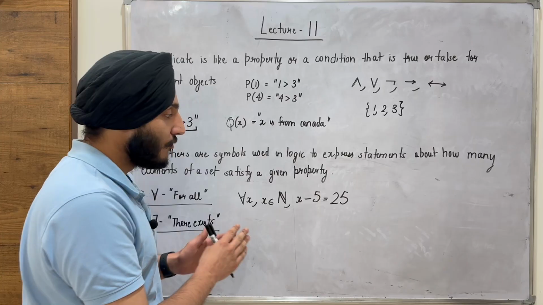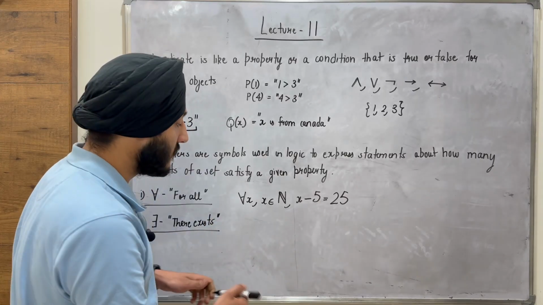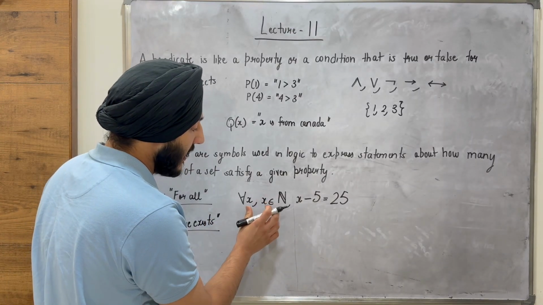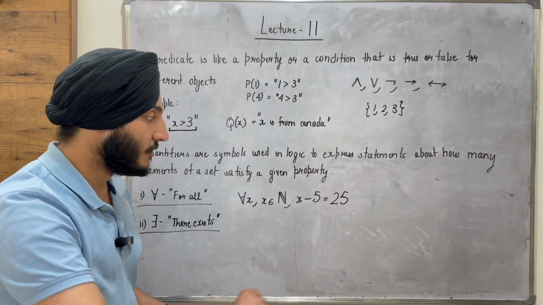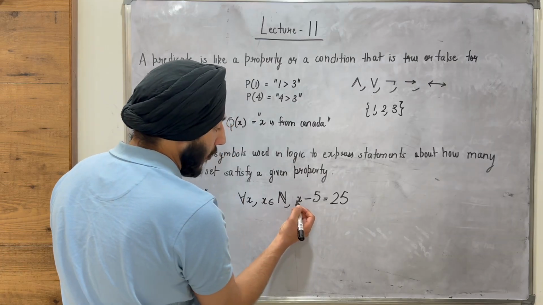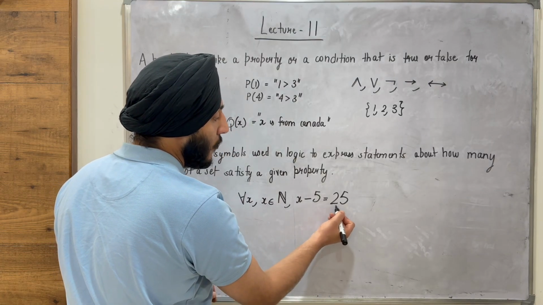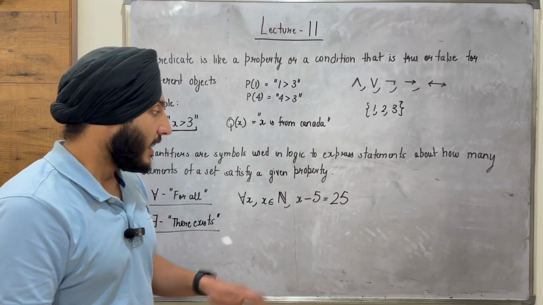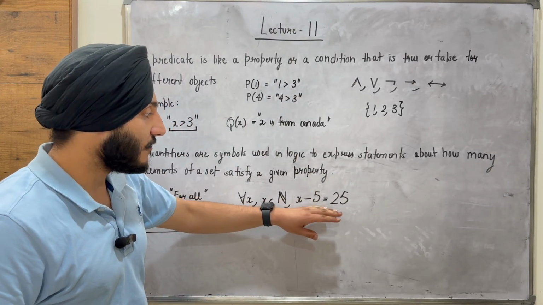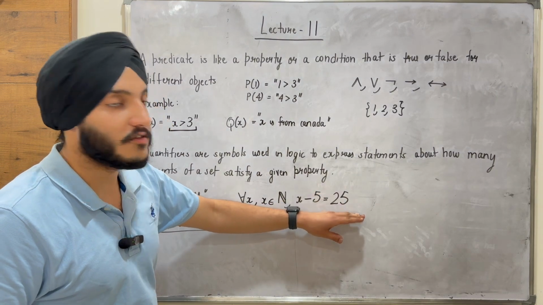For all of x, if you try to translate it into English, this means for all the values x, which are elements of the natural numbers, meaning all the natural numbers, x minus 5 is equal to 25. So I'm saying all the natural numbers that I have, if I subtract 5 from them, they should result in 25.